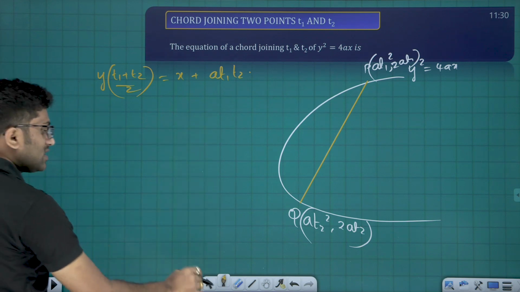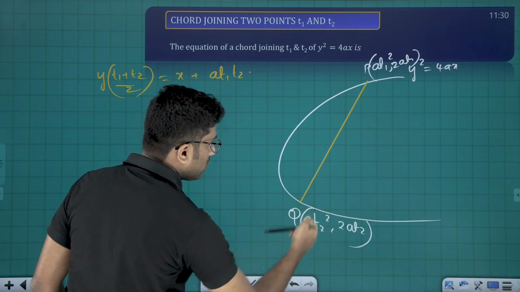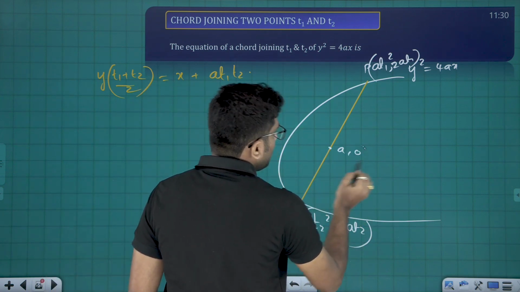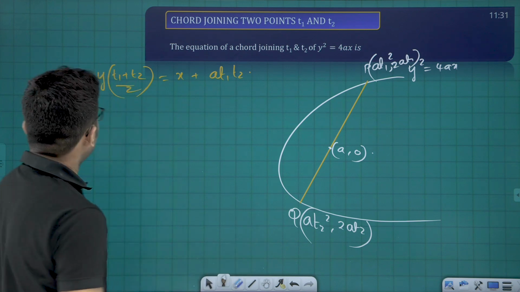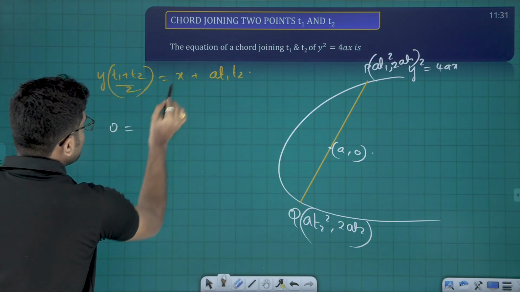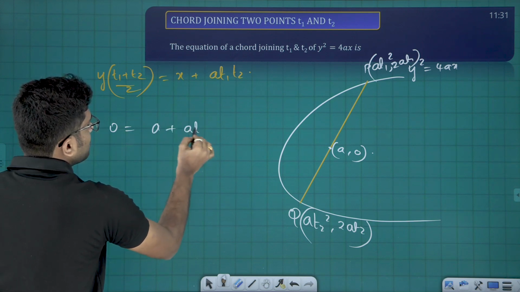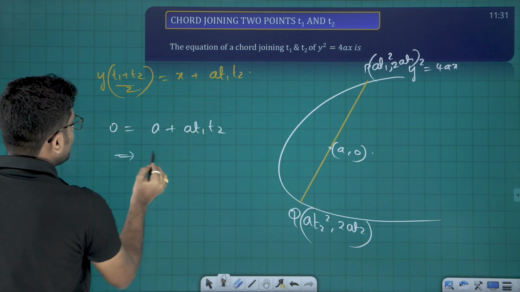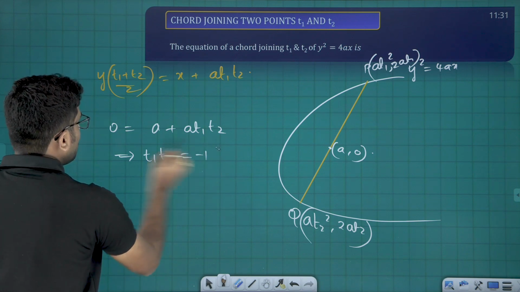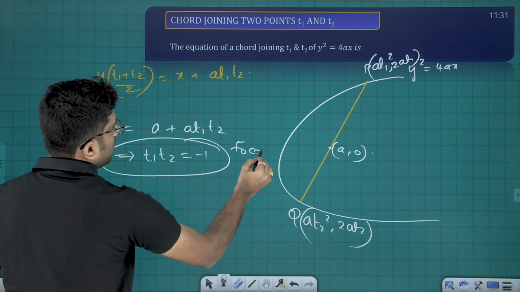Now suppose this is a focal chord, that means it is passing through the point (a, 0). If it is passing through the point (a, 0), what happens? Put y equals 0 and x equals a: 0 equals a plus a times t1 t2. So finally you get t1 into t2 equals minus 1 if it is a focal chord.